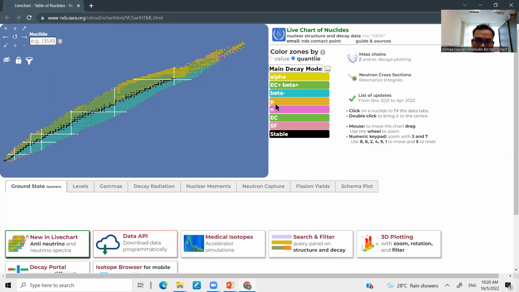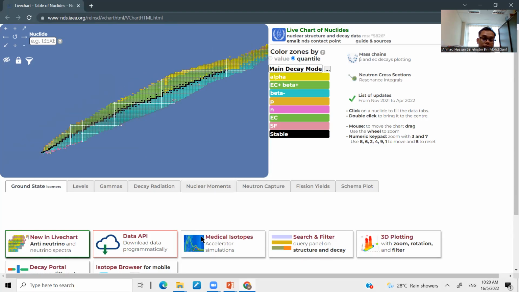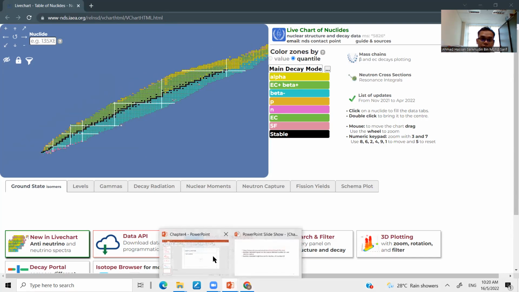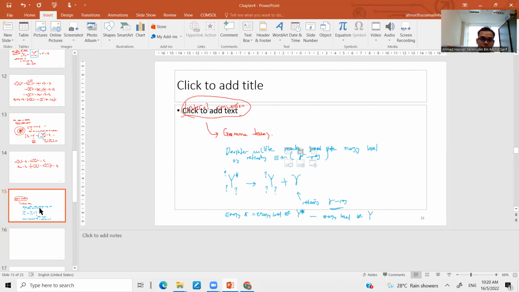This is proton emission, this is neutron emission, which rarely occurs. It happens at the tip of the plot. You can explore, try checking them, and confirm what we have discussed here.